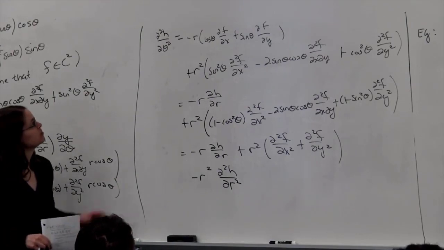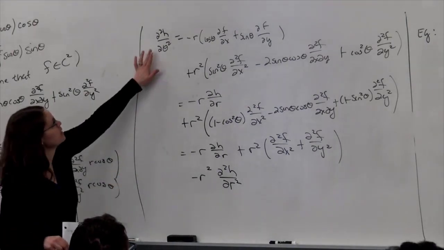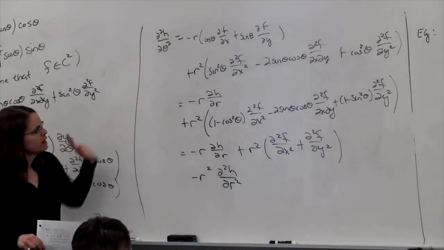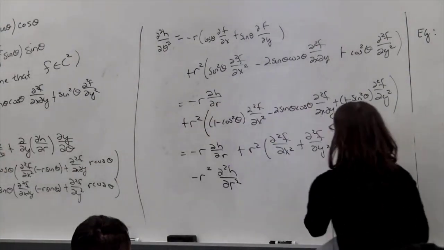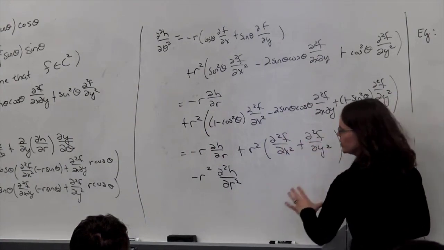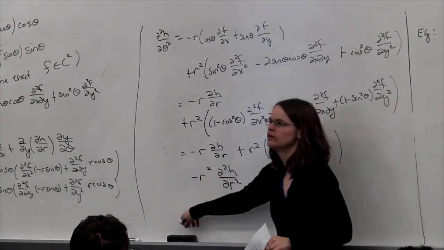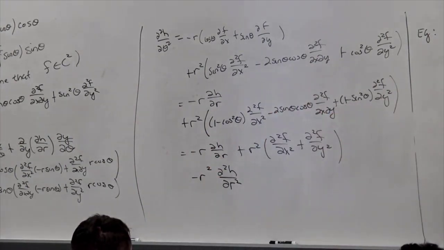So now I should be in business. So what is my left-hand side? My left-hand side is this thing. My right-hand side involves a term that I care about. So I'm going to keep this guy on the right-hand side, divide through by r squared, move everything else over. And all of a sudden I have an expression for my Laplacian.